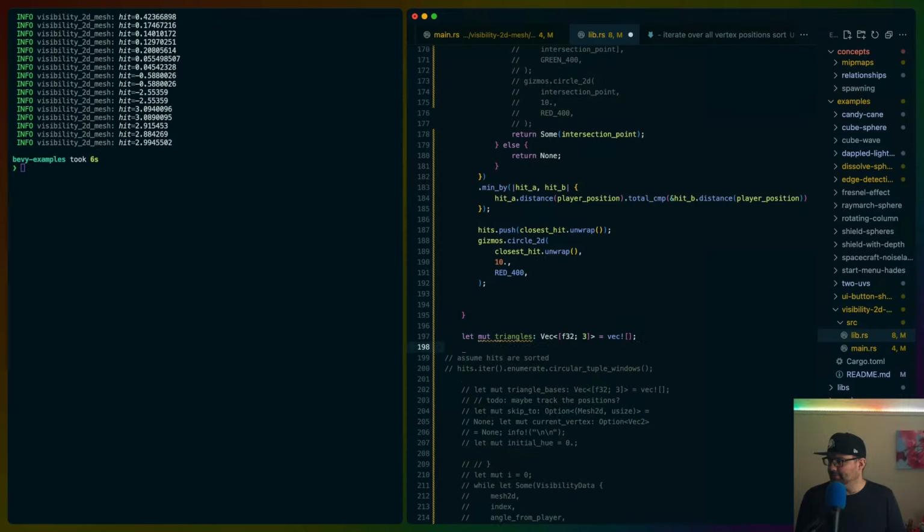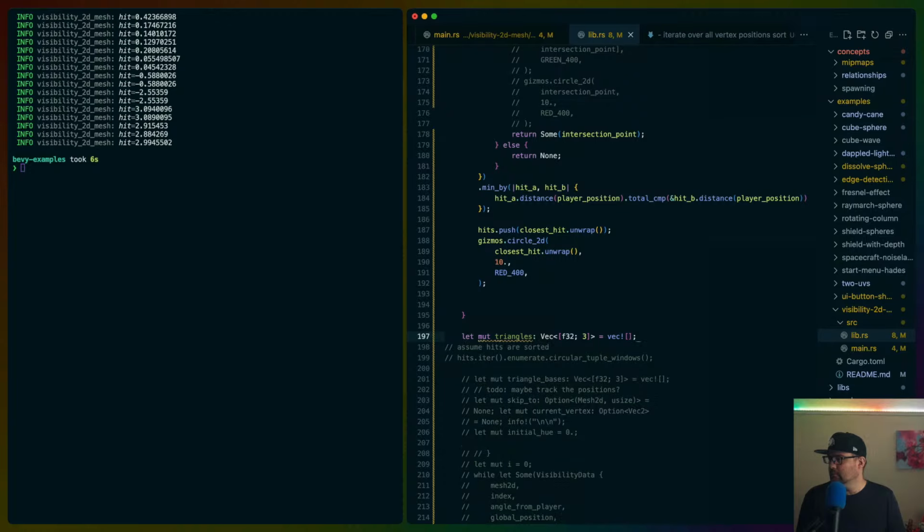So triangles, we're assuming hits are sorted. Hits.iter.tuple windows, I think, because this is just going to be the full set of triangles, right? Is that true? I think we need to connect the last one too. I think this is actually going to be circular tuple windows.